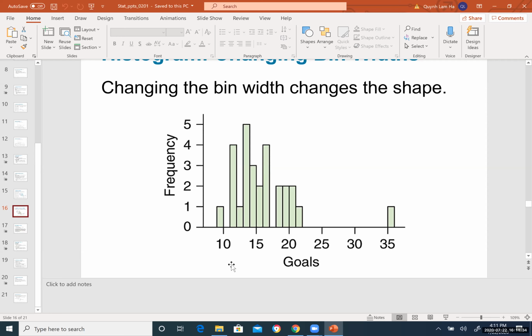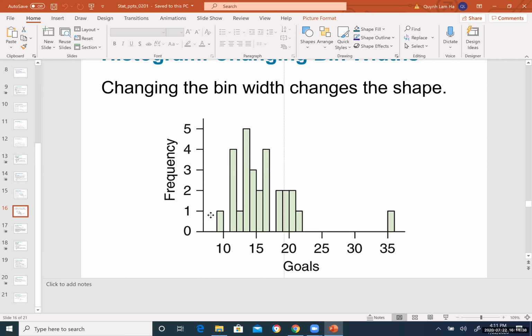But in this case, let me see if I can graph that. If you check for the shape, I graph like this. Stop here. You see that?